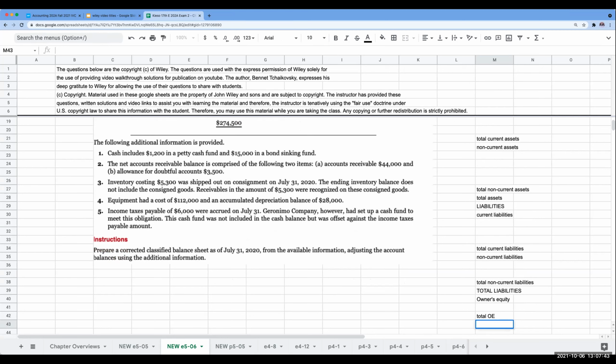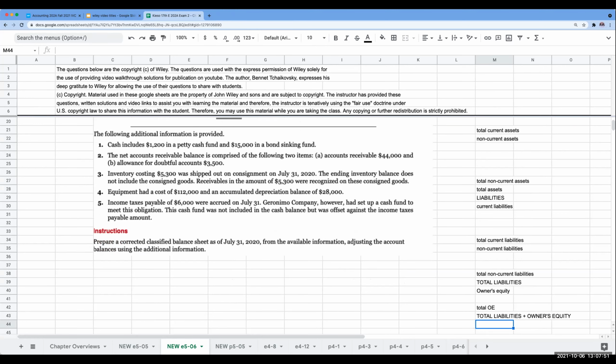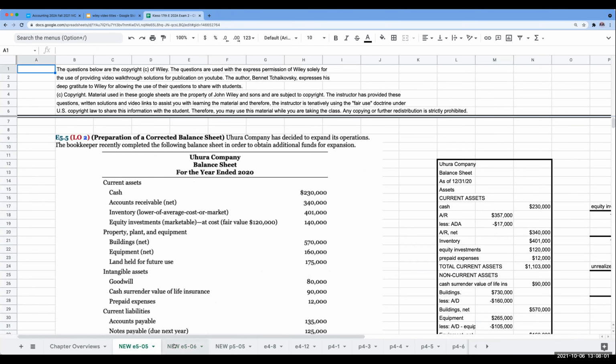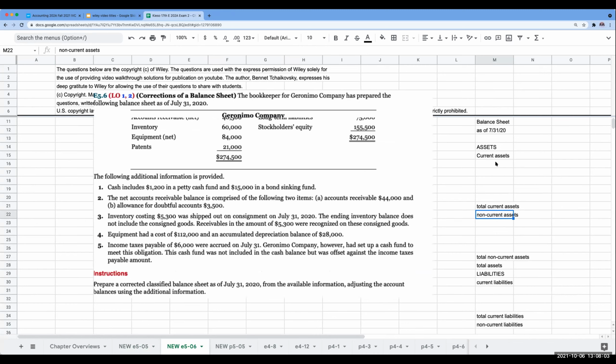And my last part here is going to be my total liabilities plus owner's equity. That is how a classified balance sheet is structured. We're separating our current versus our non-current assets. Again, I have a much longer discussion about this in my solution to exercise 5-5.